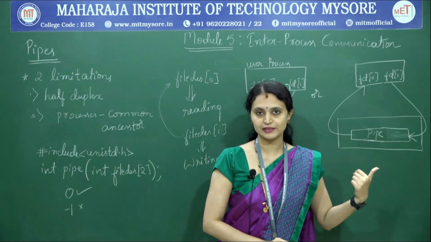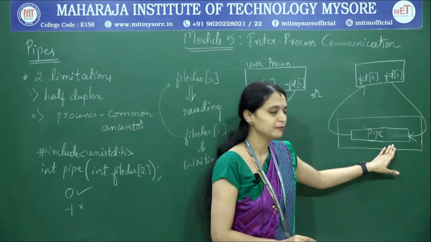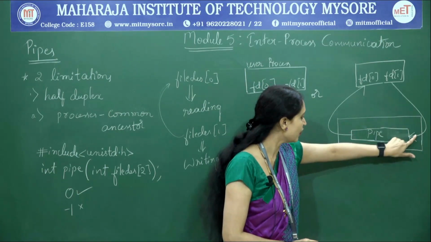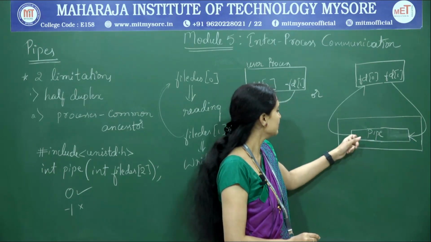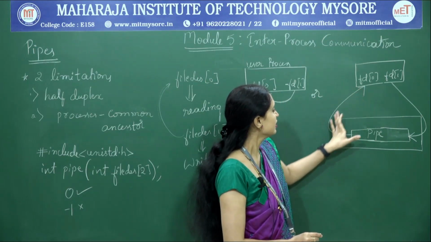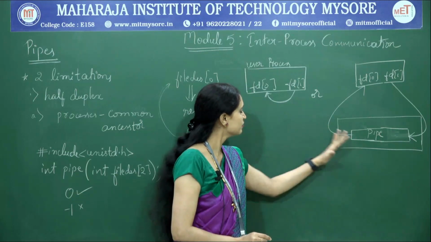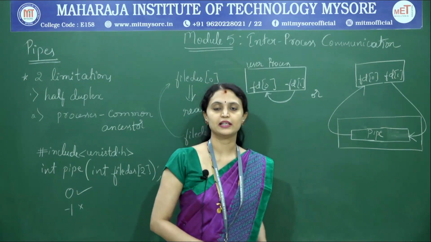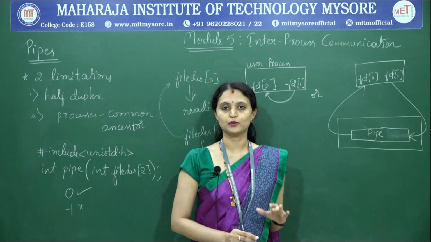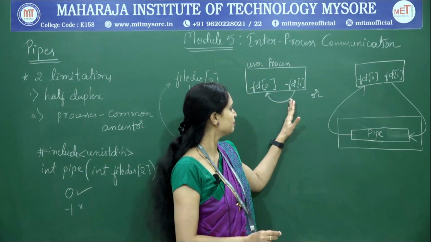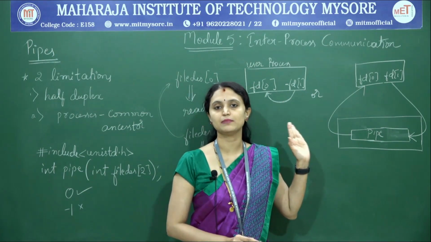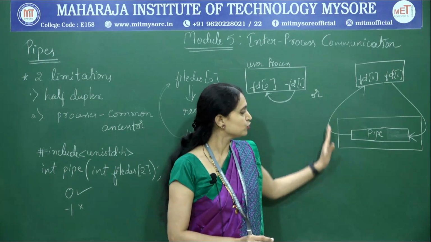So this is represented by using the pipe like this. So fd of 1 is given here, and then this is given as input to fd of 0. So these are the two ways of representing the pipe between the processes. In this case, the pipe is represented only within the single process. In this case, between two processes.